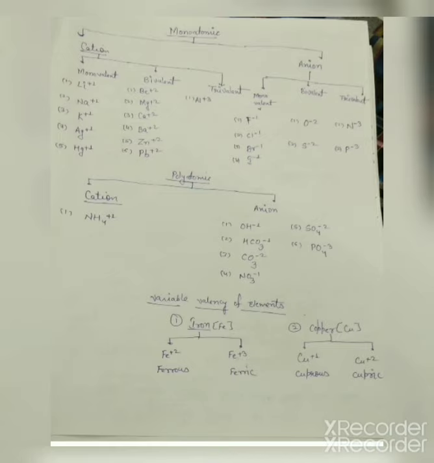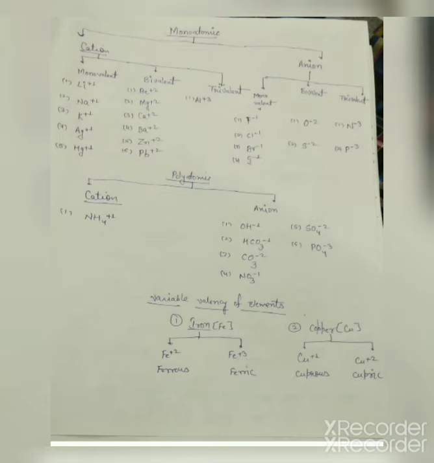Now talk about polyatomic ions. Polyatomic is further classified into two parts, cation and anion. The only cation which is polyatomic is ammonium, NH4 plus 1. Plus 1 means the valency of ammonium is taken as 1.